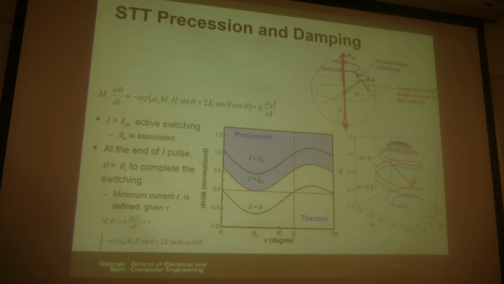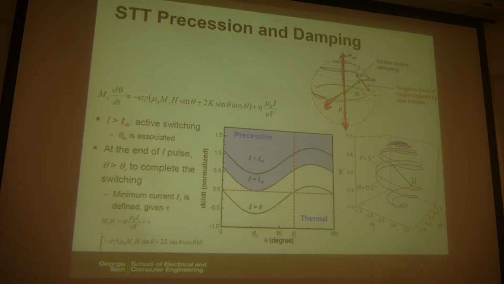But you need enough current to make this rotation at least make this arrow cross this hemisphere, this circle, right? So if you remove your current, then the spin state will damp to the original state due to the friction. This is the damping effect.